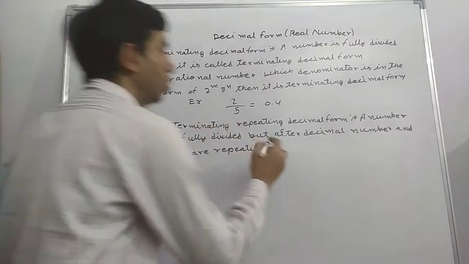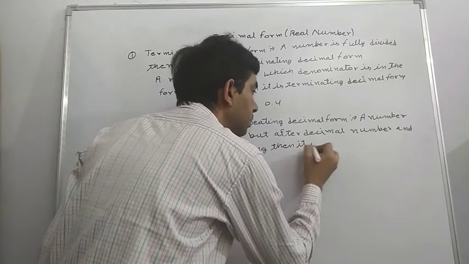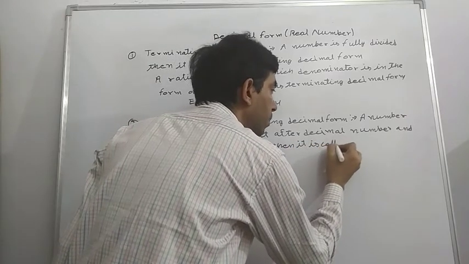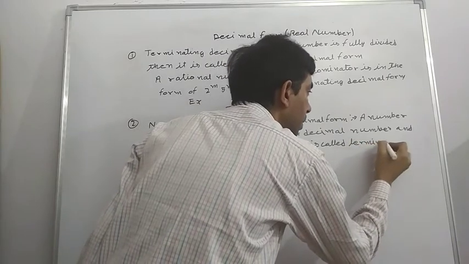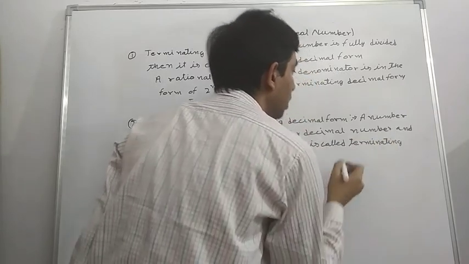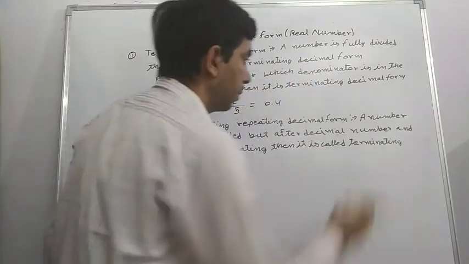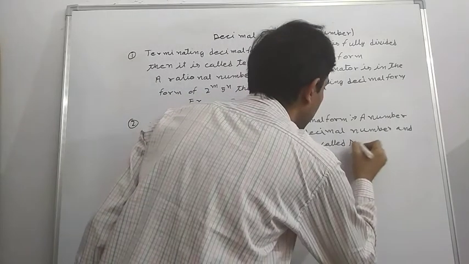Then it is called non-terminating repeating decimal form.